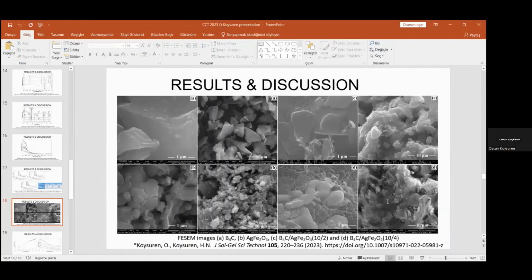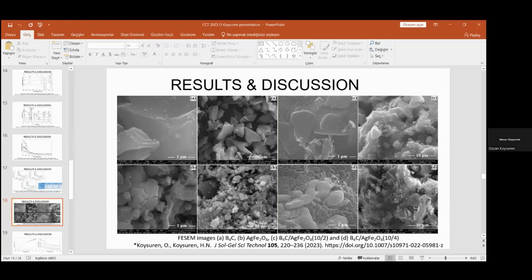Here you will see the SEM images. A belongs to boron carbide. You can see the crystal structures, sized between 1 and 10 micrometers, and B belongs to the crystal structures of silver ferrite. You can see these particles ranging from 1 to 2 or 3 micrometers.